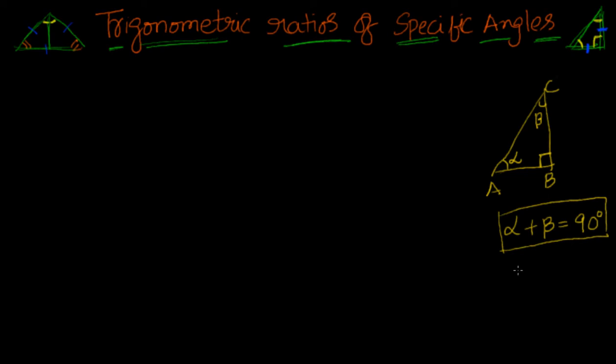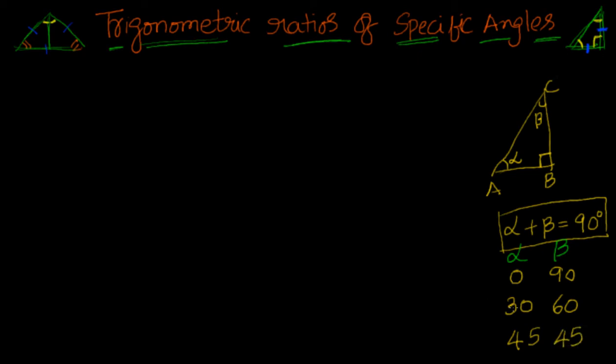Now suppose I keep my alpha, what will be my beta? 90 degrees. If I keep my alpha 30, what will be my beta? 60 degrees, right? If I keep my alpha as 45, then beta will be 45.